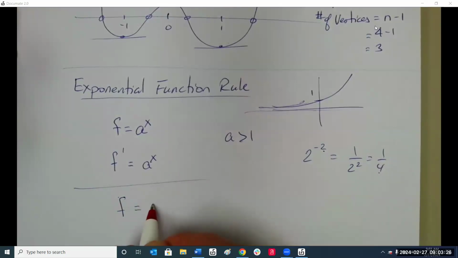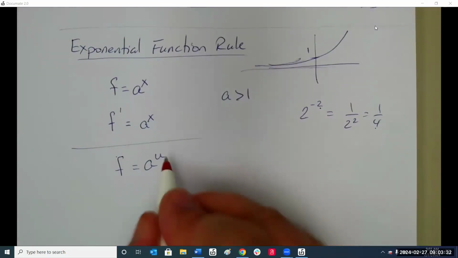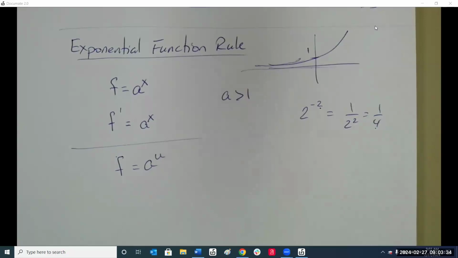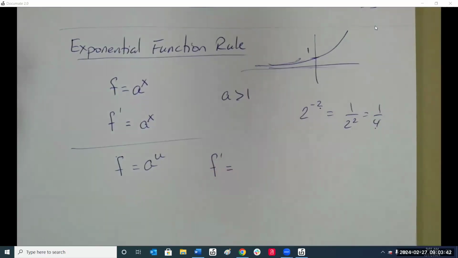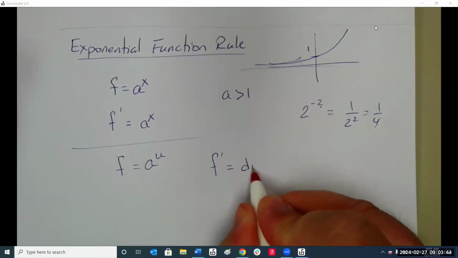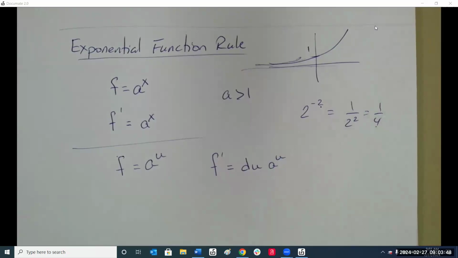If our function is any base to some function u, this is an equation of u, a function of x. The derivative of that function is the derivative of the exponent times the equation.